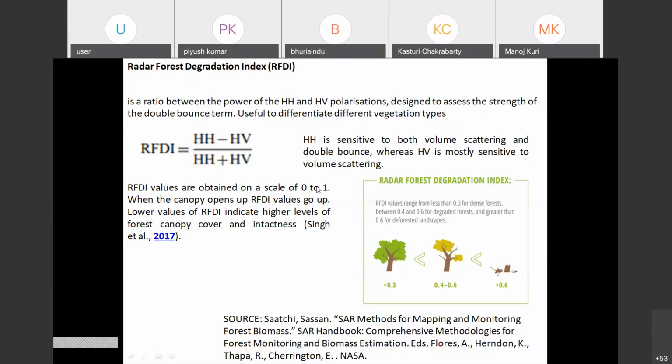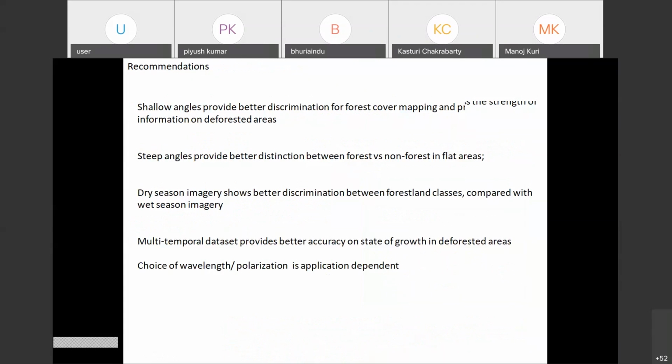It ranges from 0 to 1. When the canopy opens up, the RFDI value goes up, and lower RFDI indicates a higher level of forest canopy cover and intactness. So these are two important indices that we can practice.